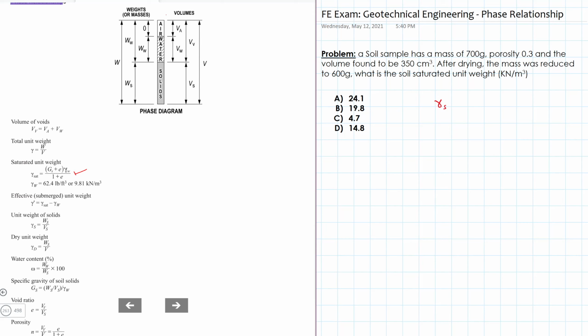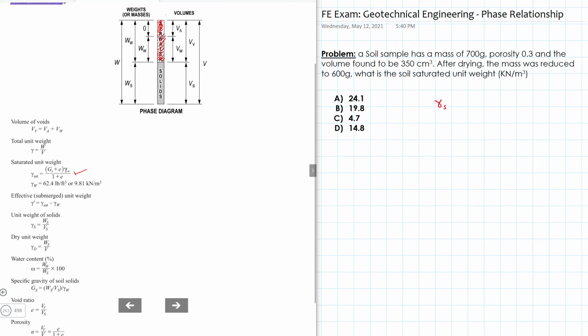That means it's the unit weight for our soil sample when both air voids and water voids are filled with water.